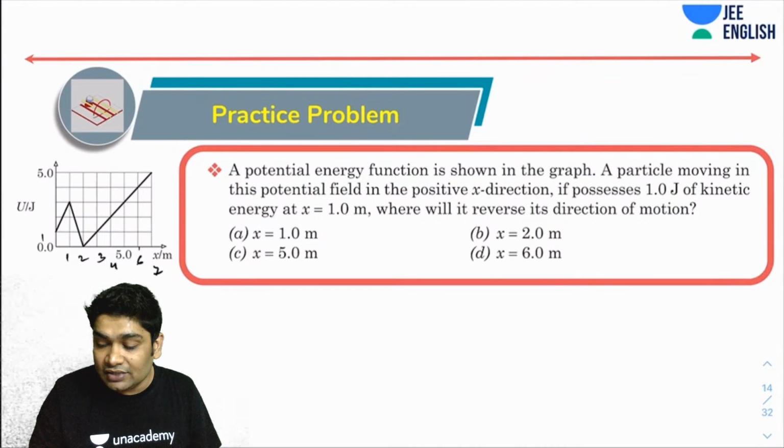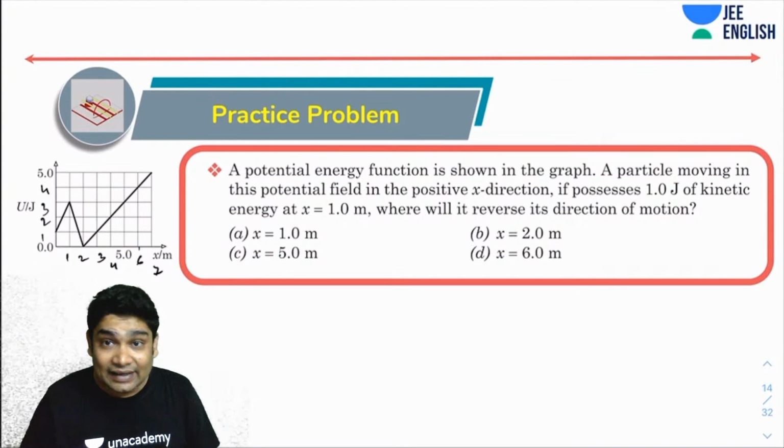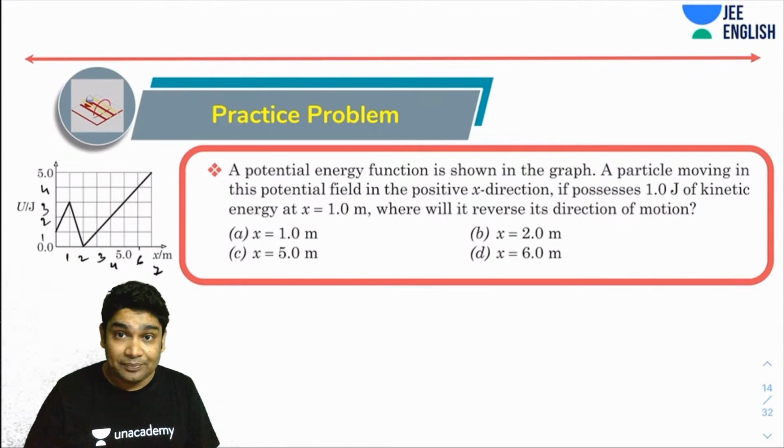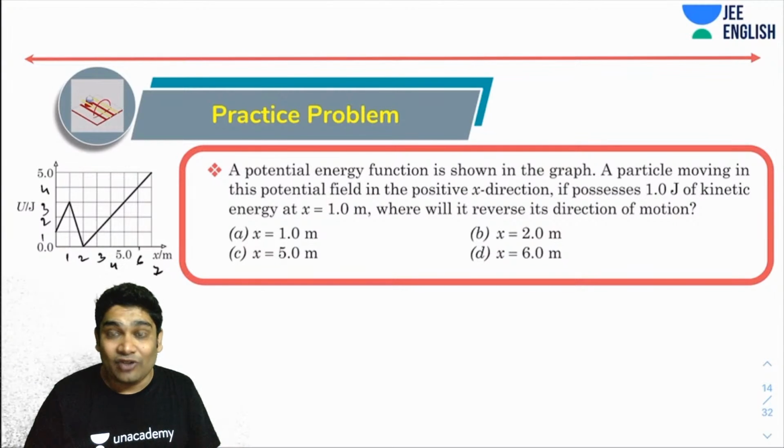And these are the potential energies 1, 2, 3, 4, 5. When it is at x equals 1, it contains 1 joule of kinetic energy. Where will it reverse its direction of motion? That is what you have to find.